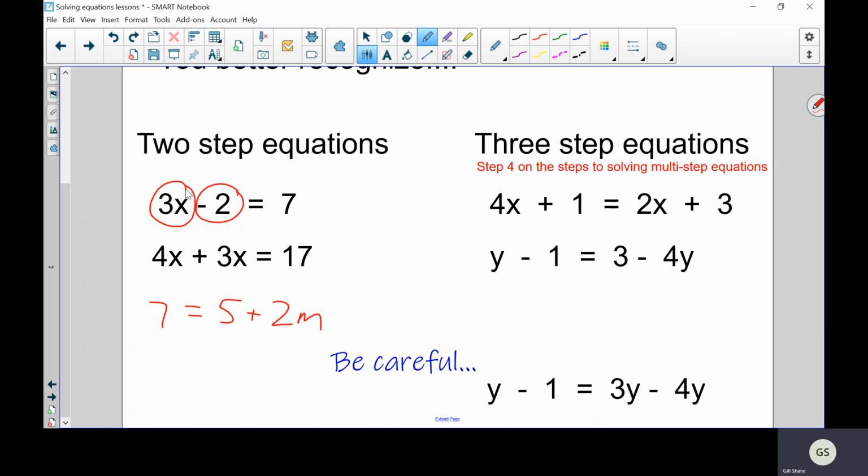So again, I've changed the sides, but I still have one term with a variable and one constant. They happen to be on the right, but it doesn't matter which side they're on. And then on the other side, all by itself, you have just a constant, just a number with no variable. That is a two-step equation.